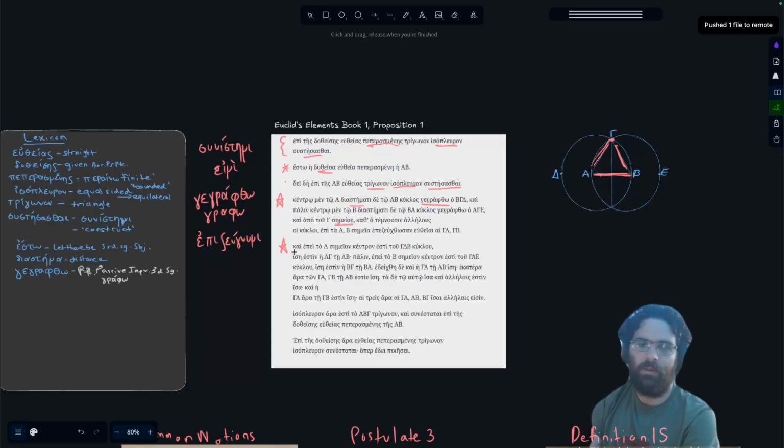So, since the point alpha is at the center of the circle gamma delta beta, so alpha is the center of our circle here that we pointed out, equal it is the line alpha gamma to alpha beta. So basically this is just pointing out the fact that gamma alpha is also a radius to the same circle, so they're equal.